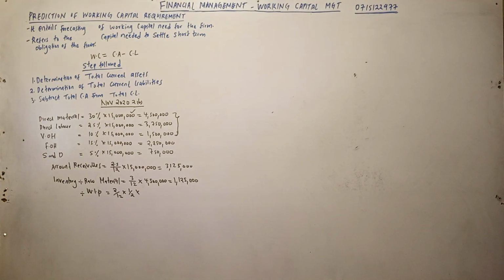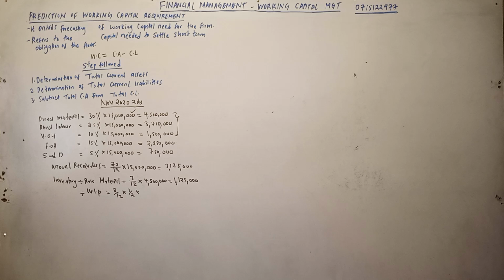So let us add them. 4,500,000 plus 3,750,000 plus 1,500,000. I get 9,750,000. Let me go back.